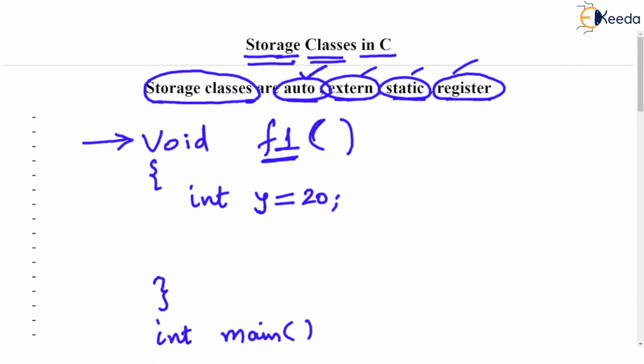Also, it has empty brackets after it, so it does not have any parameter. So it is a very simple function, and the curly brace open and curly brace close mark the body of the function.